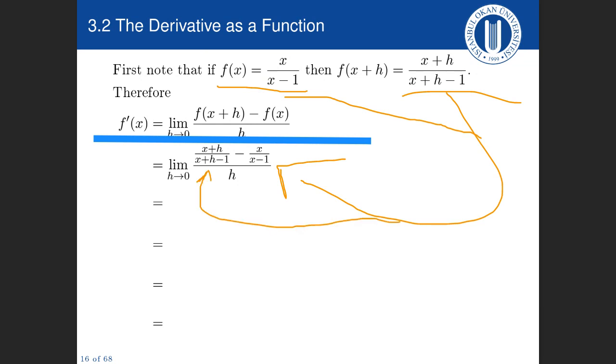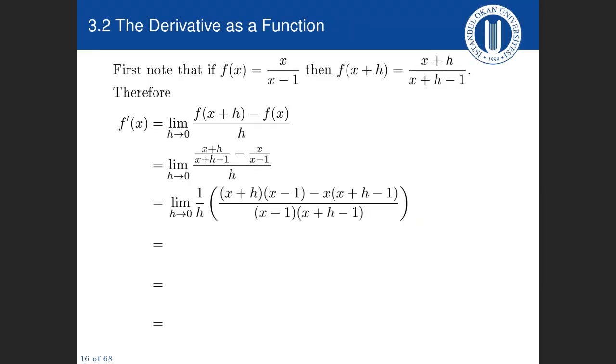We need to calculate the limit as h tends to 0 of x plus h over x plus h minus 1 minus x over x minus 1, all over h. So we do the same as we did before. We're going to put everything over the same denominator. I'm going to put everything over x minus 1, x plus h minus 1.